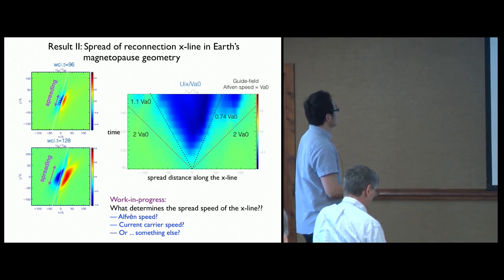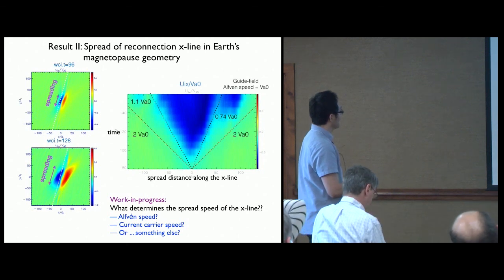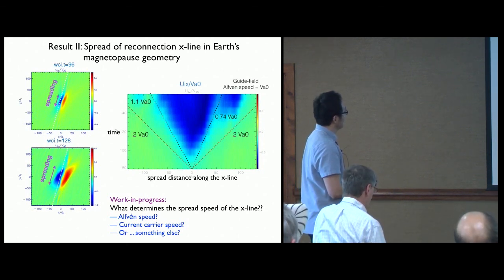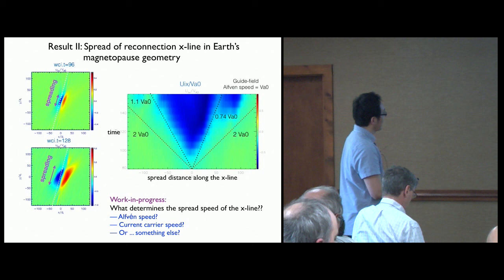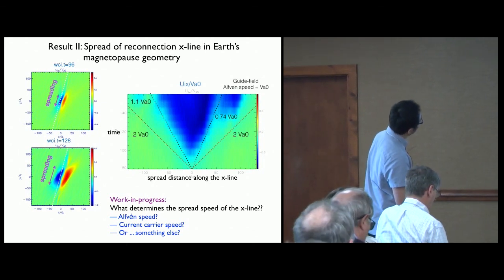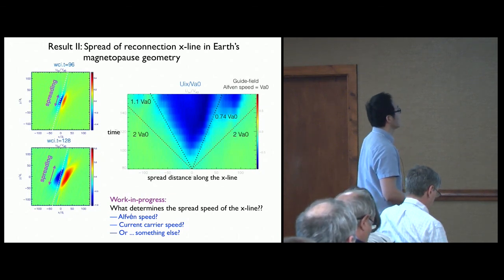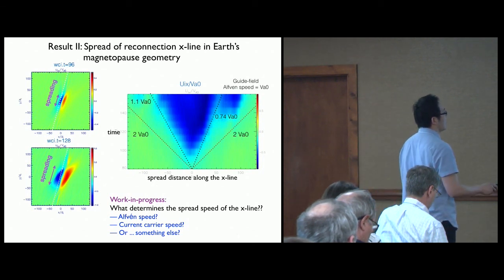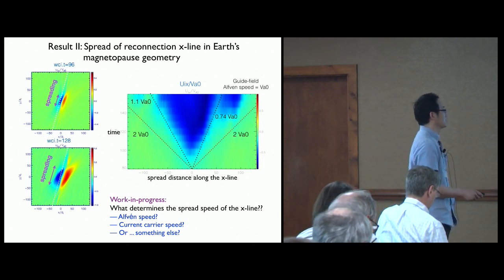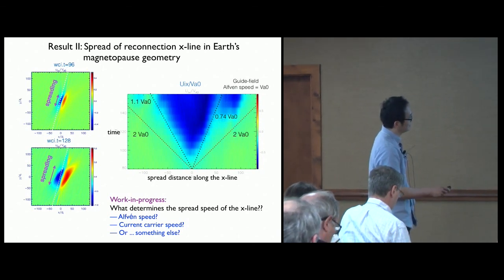Okay, so what we do in the same simulation is that we measure the spreading. What I show here is the reconnection outflow, and the white dashed line here is the X line orientation. So we can measure how this signal propagates along this white dashed line. What we see here is time versus the spread distance along the X line, and it looks like this is the spreading speed.